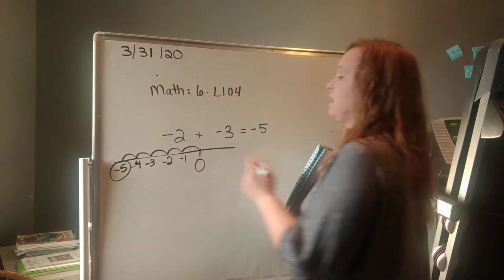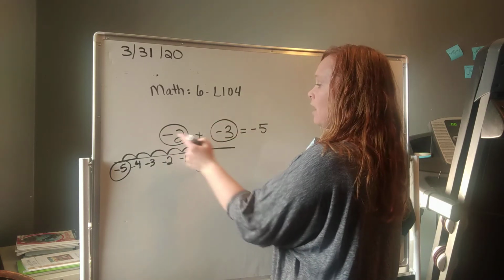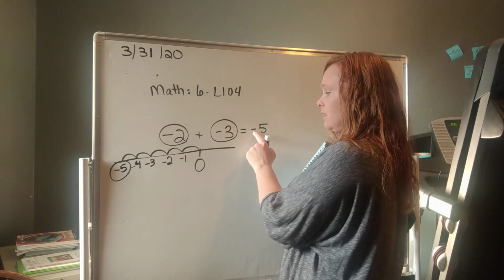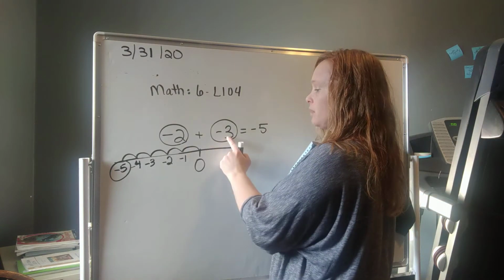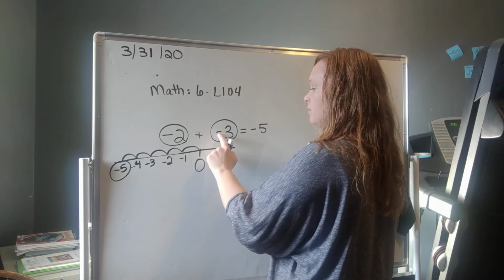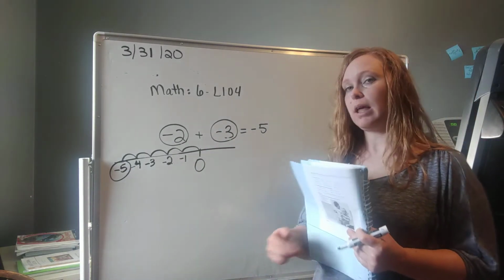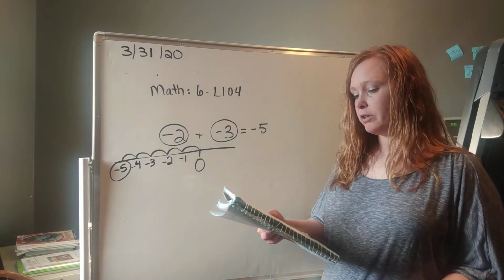I want you to see that when I add 2 negative numbers, I keep the negative sign, and I just add the numbers. What's 2 plus 3? 5. So if I add 2 negative numbers, I keep the negative sign. And make sure you use a number line if that helps you to see what you're doing.